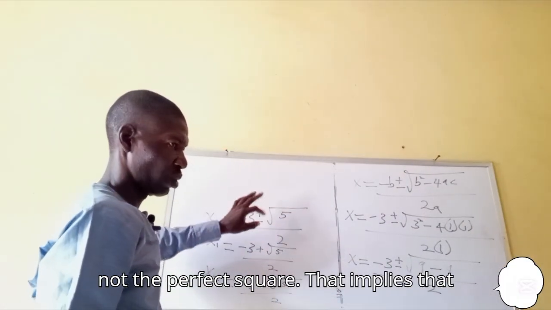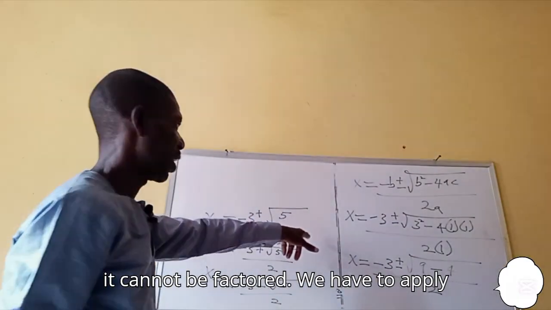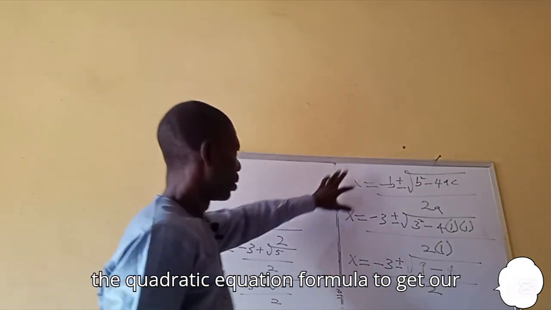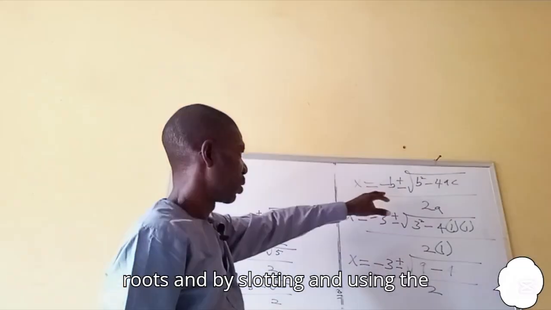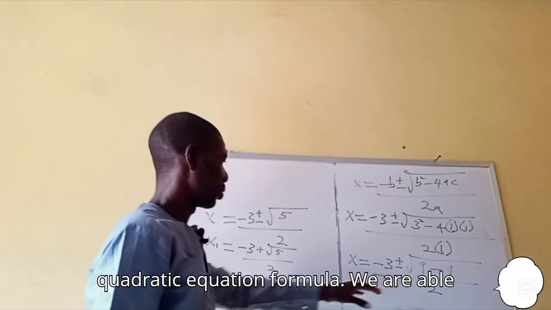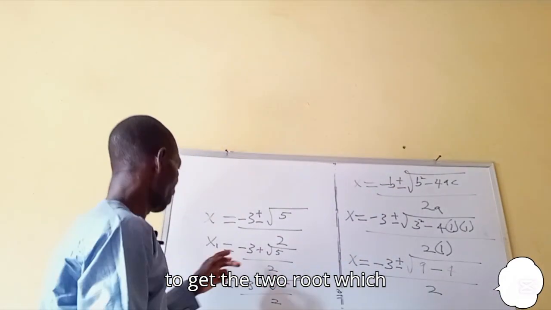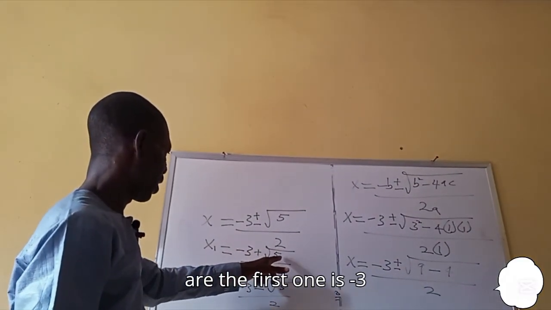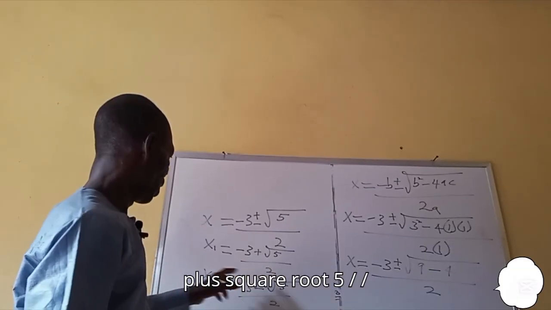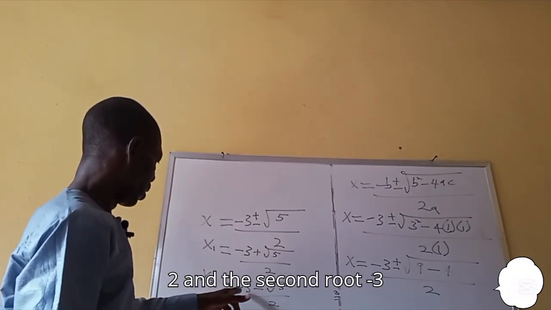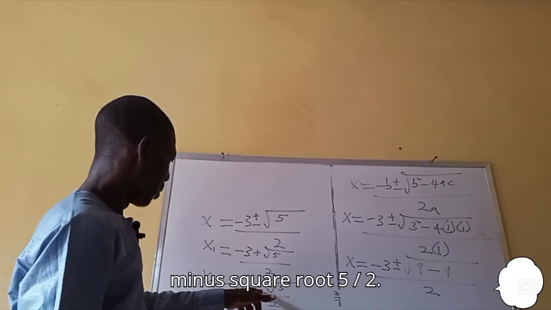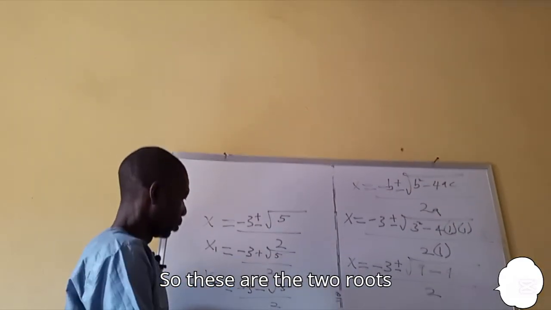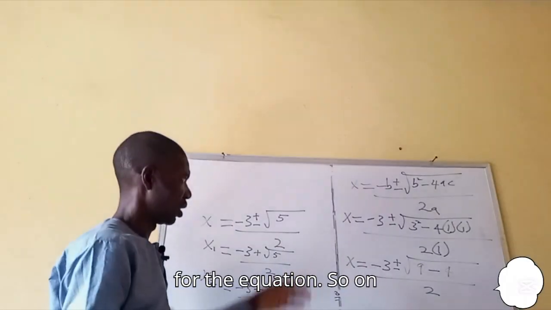That implies that it cannot be factored, so we have to apply the quadratic equation formula. By slotting in, we get the two roots: the first is negative 3 plus square root 5 divided by 2, and the second is negative 3 minus square root 5 over 2. So these are the two roots for the equation.